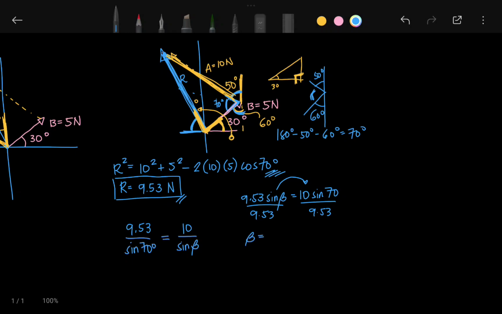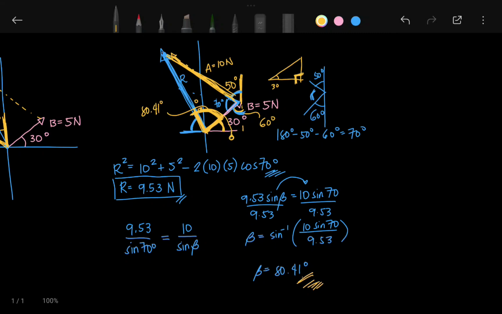So, in the end, beta is equal to inverse sine of 10 sine 70 over 9.53. Let's see, beta. Inverse sine 10 sine 70 over 9.53. I got 80.41 degrees. But remember, guys, this angle is the angle right across A, which is this.